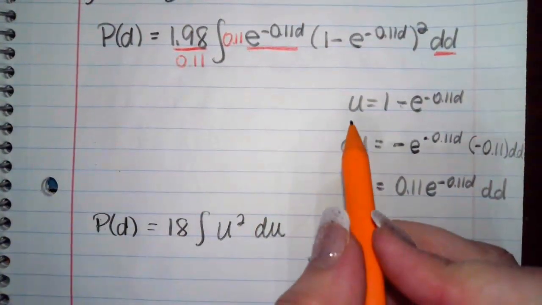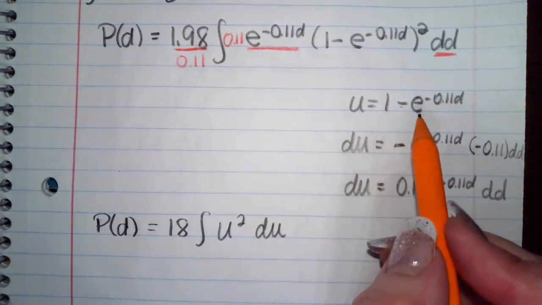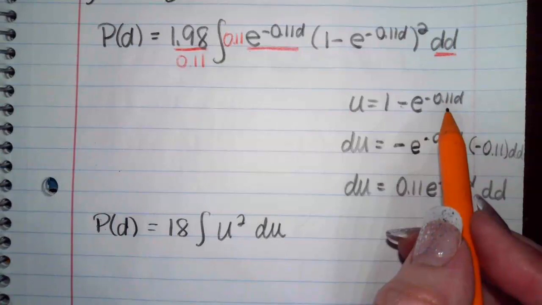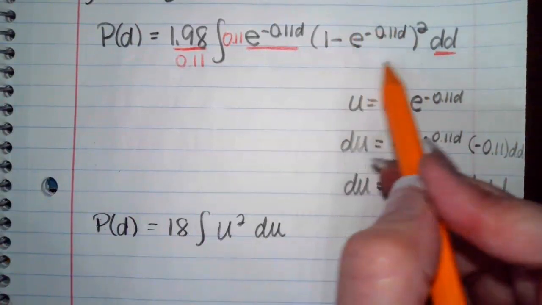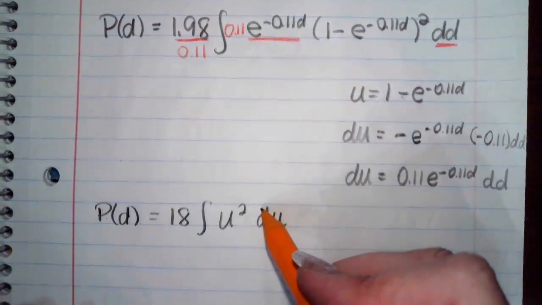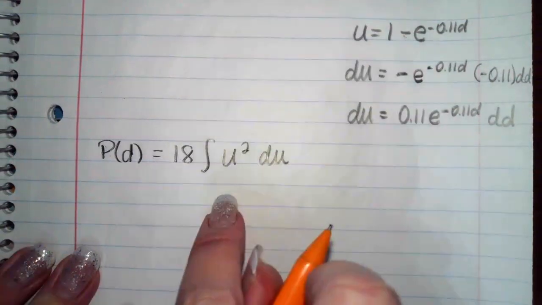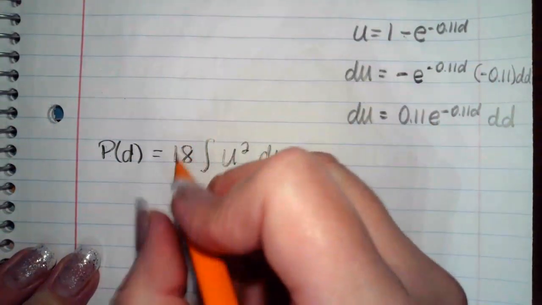So don't think that it's e to the u. Your u is 1 minus e to the negative 0.11d. Okay? So that's this whole thing right here, which is being squared. So this is u squared. Okay? What's the integral of u squared? The integral of u squared is u to the third over 3.